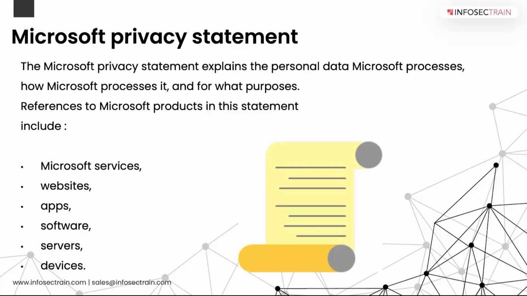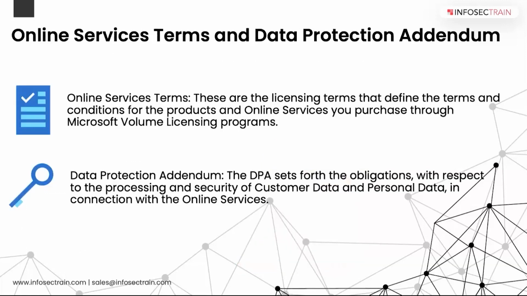So what we have, Microsoft has the Online Service Terms, OST, which is a legal agreement. If I show you, all these things are covered. Now, if we talk about the online service terms, OST, it is a legal agreement between Microsoft and the customer.